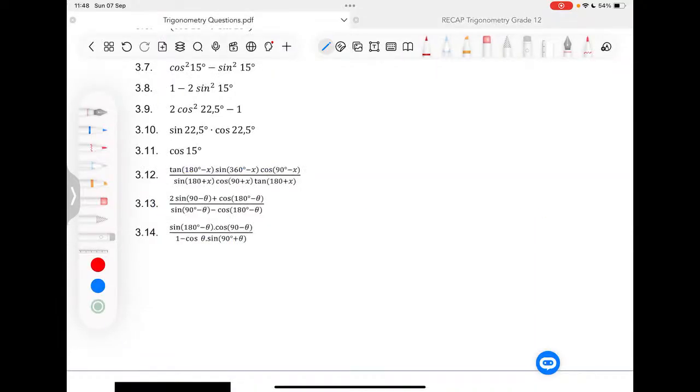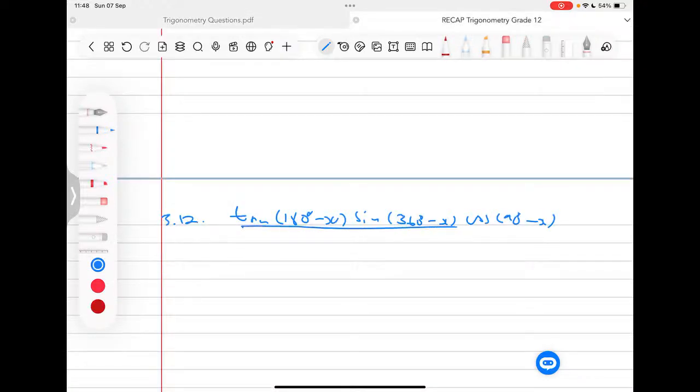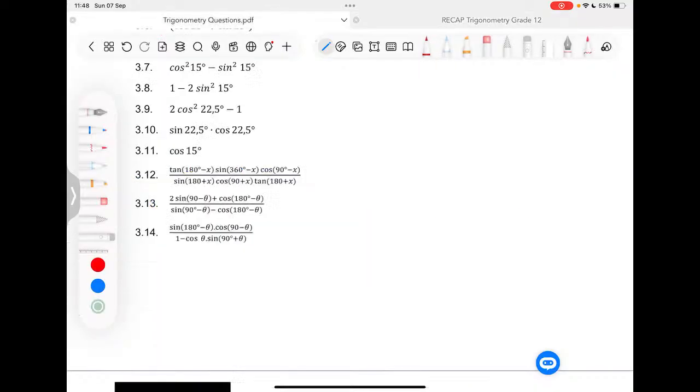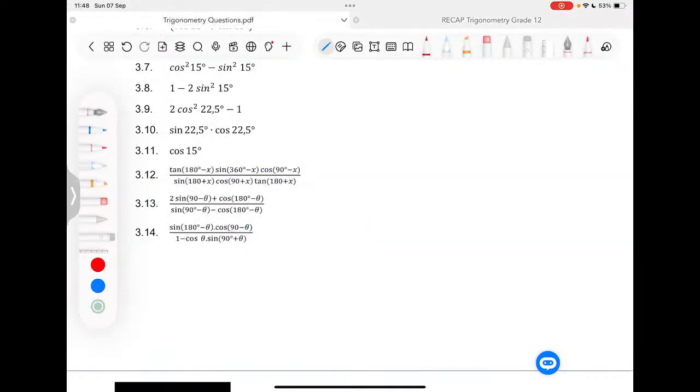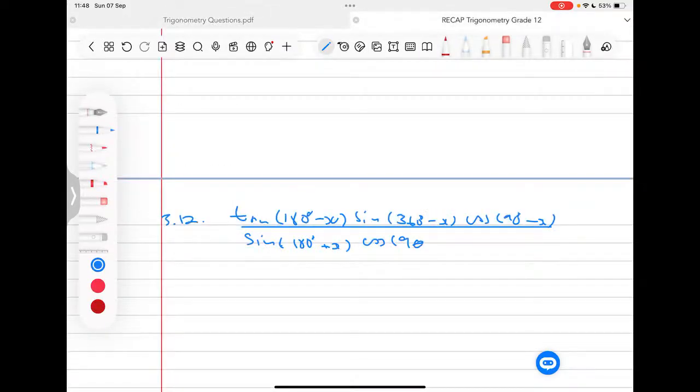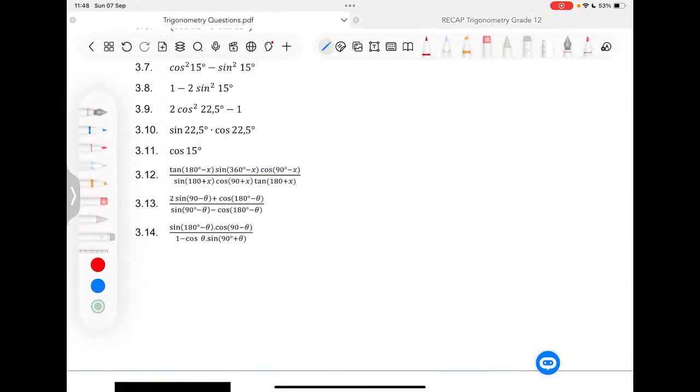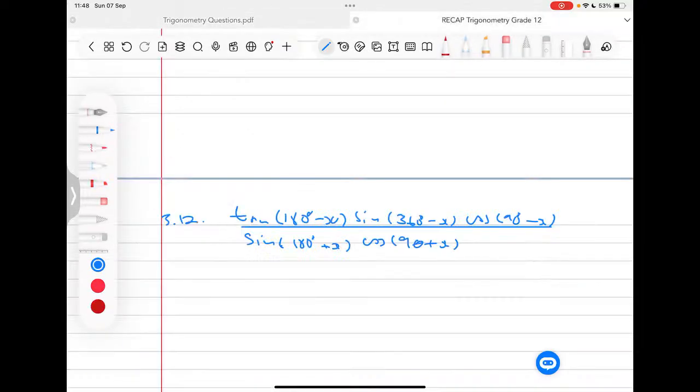Then all this is divided by sine of 180 plus x, cos of 90 plus x. Then we're having a tan of 180 plus x.